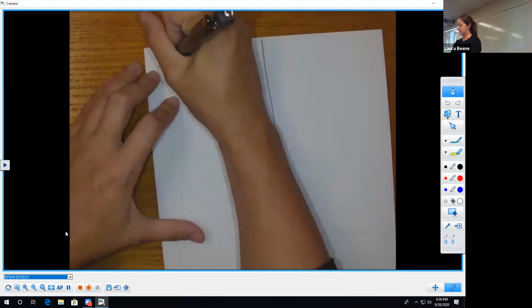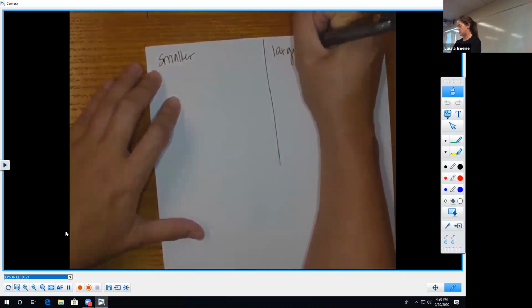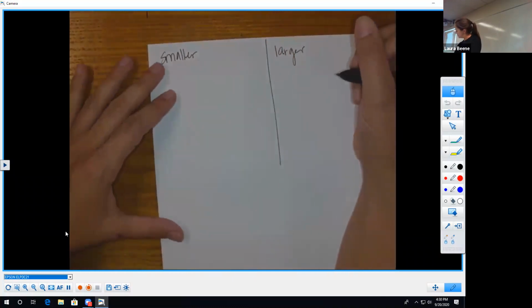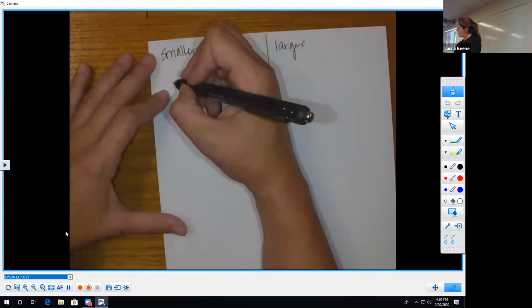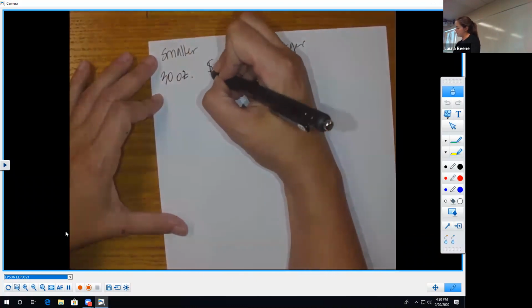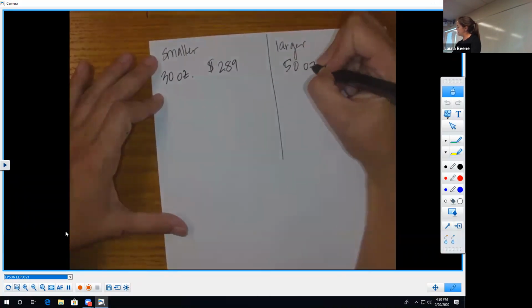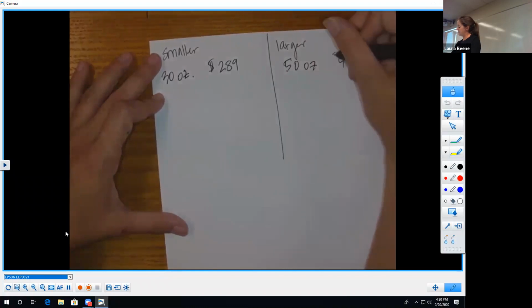Okay, so I'm working this out now. The smaller box versus the larger box. The smaller box tells us that we have a 30-ounce box, and it costs us $2.89, where the larger box is 50 ounces and it costs $4.69.